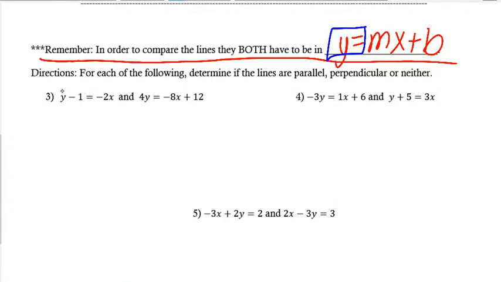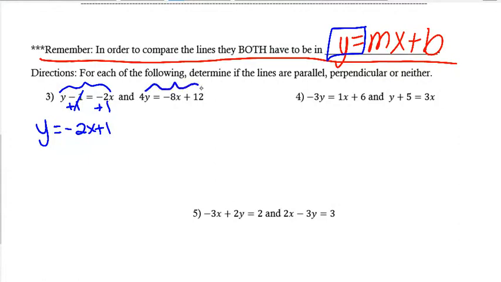So if you look at number 3, I have this equation. I have y minus 1. That means y is not by itself. So I'm going to move that minus 1 by doing the opposite and adding it to the other side. I cannot add a negative 2x and a 1, so I'm just going to write them next to each other.